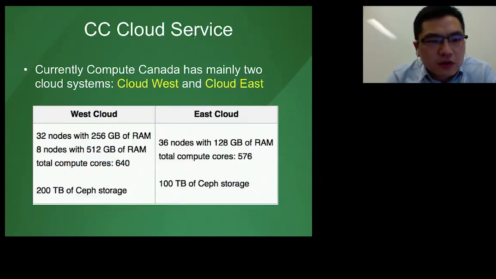This table shows the resources in both clouds. Cloud West has about 40 nodes, 630 cores, and 200 terabytes. Cloud East has about 36 nodes, 576 cores, and about 100 terabytes of Ceph storage.